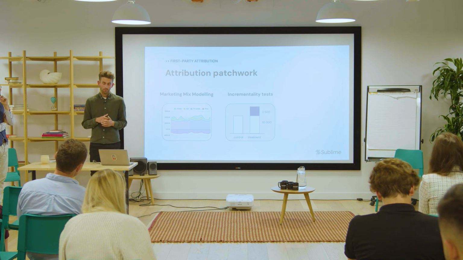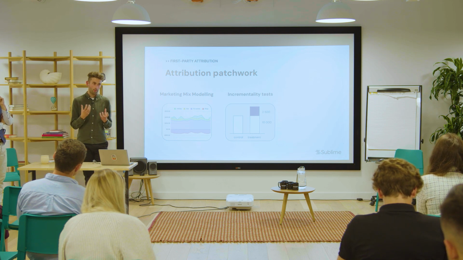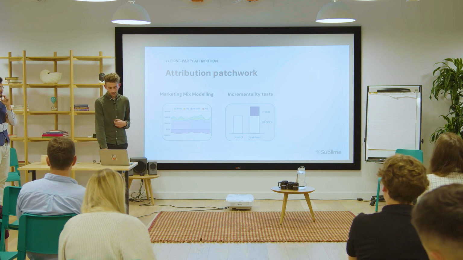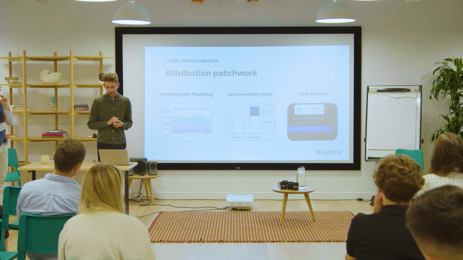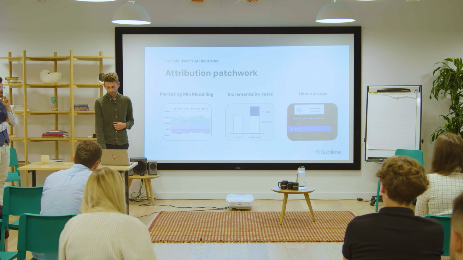From time to time, we can run incrementality tests to double-check what our model is telling us, and also to make some adjustments. Another really nice and pretty cheap method is to run surveys. Simply ask customers how they heard about you and where they saw your ads. Getting those numbers is an easy addition to the model, which will make it more precise.